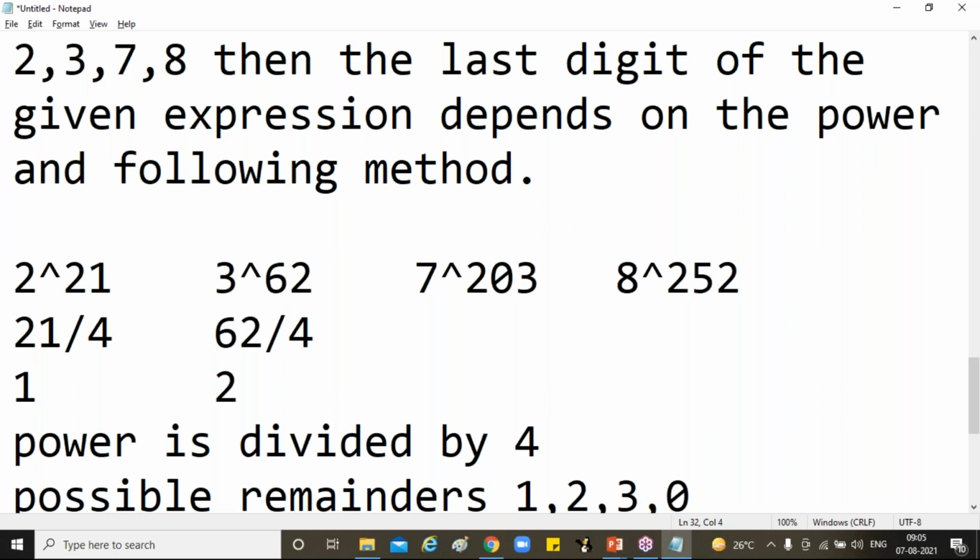What is the remainder? 2. 203 by 4. 4 50s are 200. What is the remainder? 3.